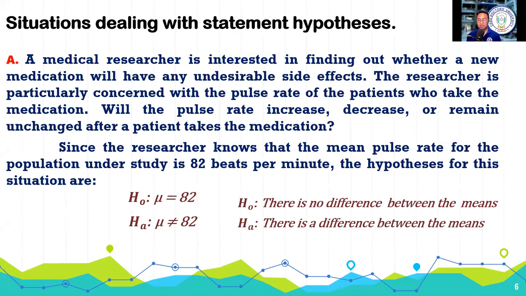Same thing with the means. They are coming from the population and the sample. So either of these two, guys, which one would you prefer? The symbol or the sentence form?